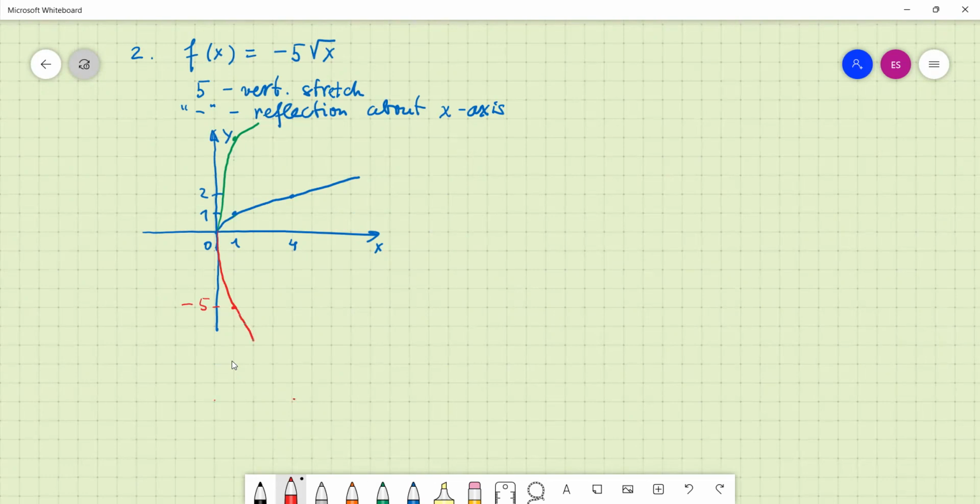I'm going to graph one more point here. I did not do it for the green one because I have no space there. That's how my graph is going to look. So this is -5 square roots of x. This one is just the square root of x. So first I stretched it up, and then I reflected it.